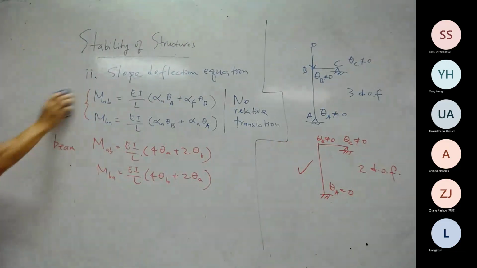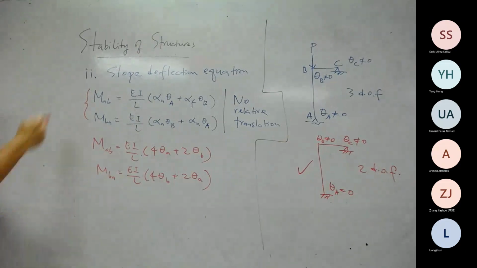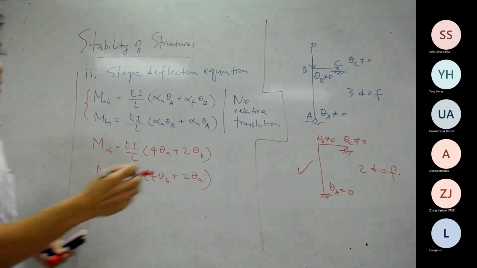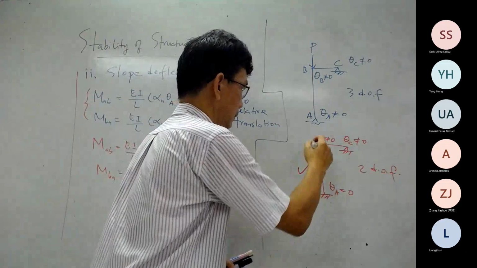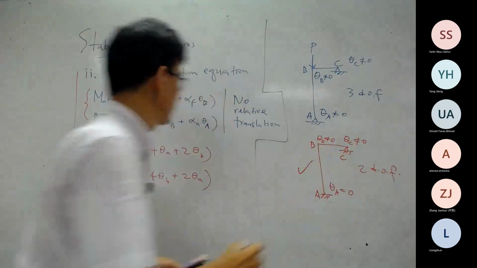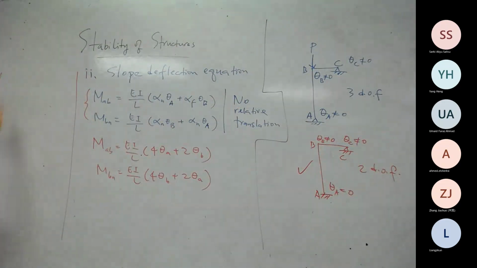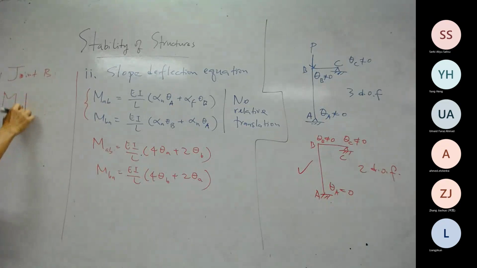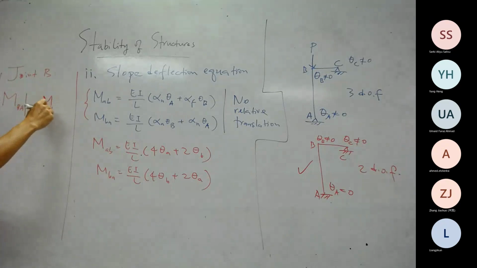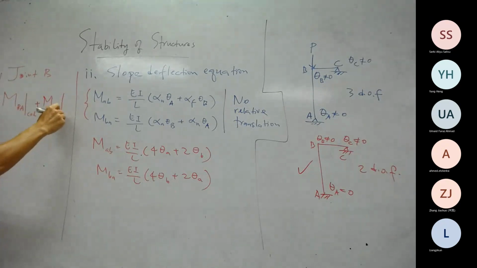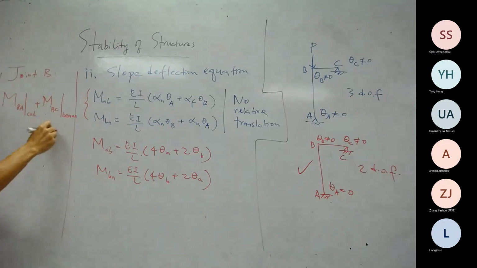How do we form that? You look at joint B here. At joint B, for rotational equilibrium, the moment M_BA coming from the column side plus the moment M_BC coming from the beam must be equal to zero.